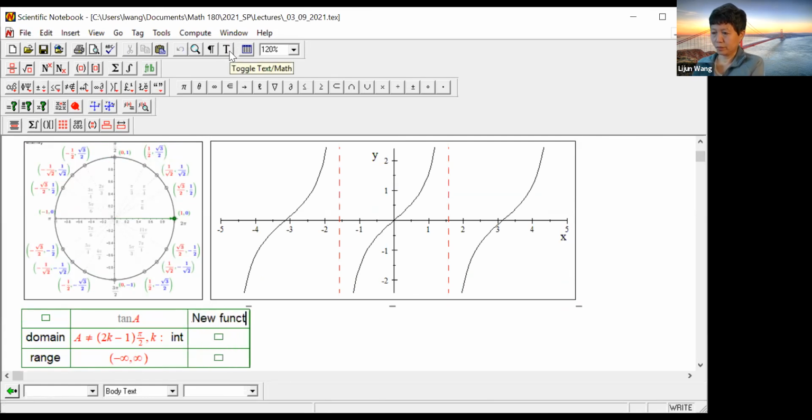New function. For this new function, we need to describe the domain and range, right? That's really what the main description needs to be. It's a new function, we're going to use the same name, but it's really a new function. How do we make that distinction?